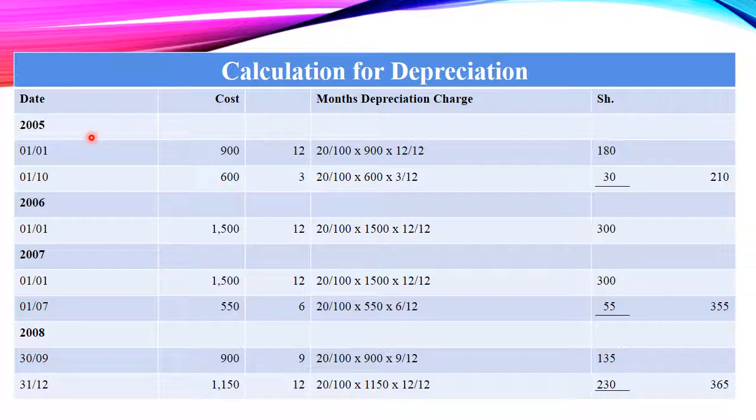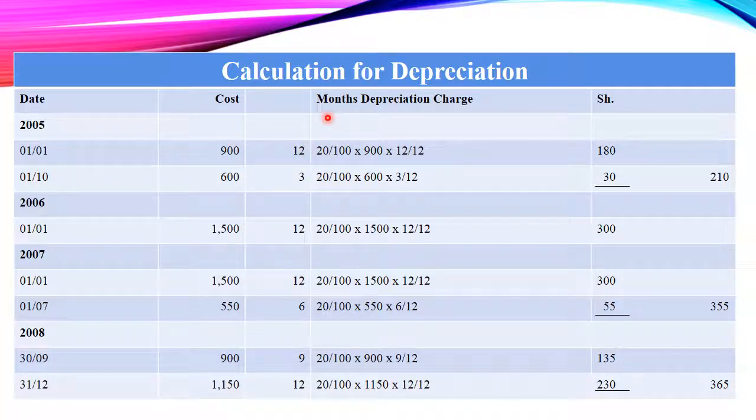In 2005, on 1st of January, there was an asset that was acquired worth 900. This asset being acquired on 1st of January, it means that for the whole year of 2005, the asset was in the company, and therefore we are going to calculate the depreciation over the 12 months.